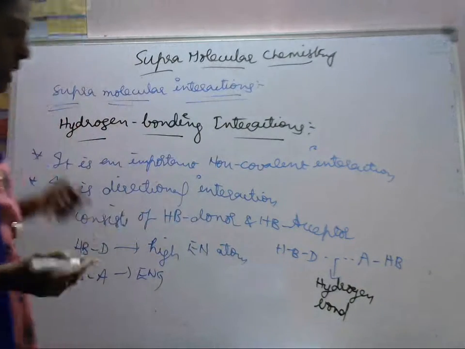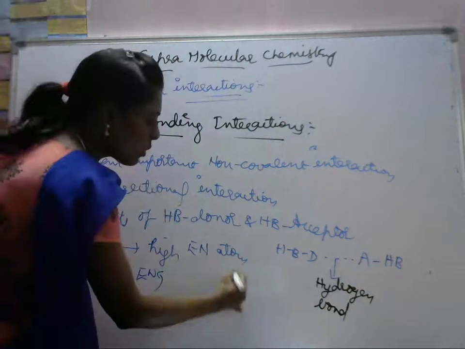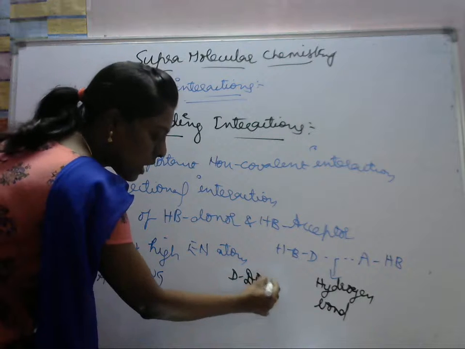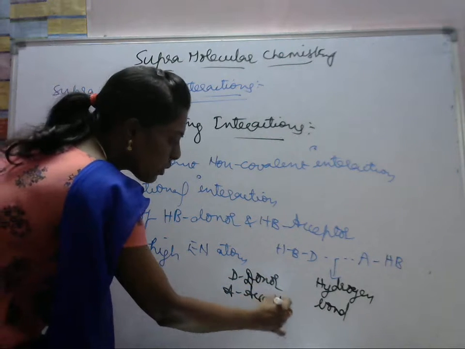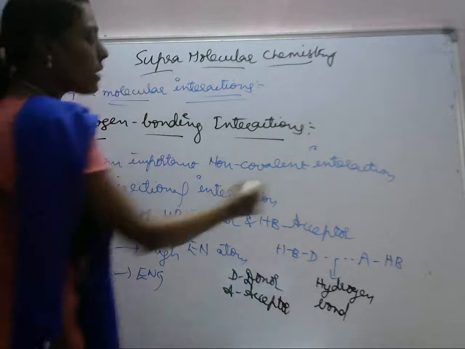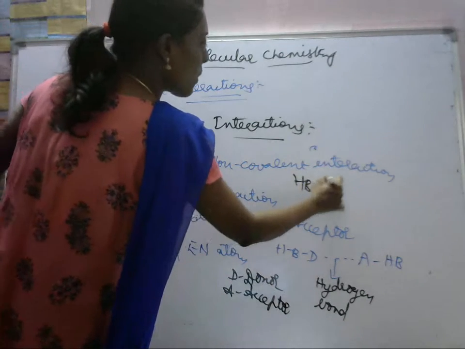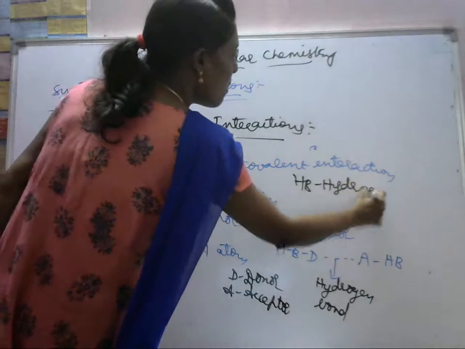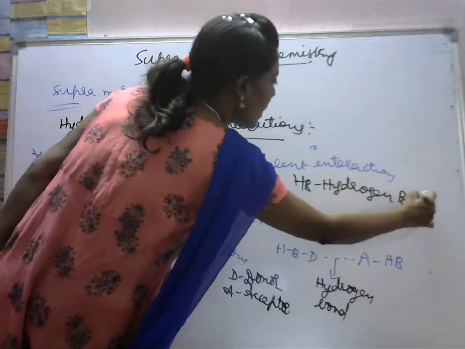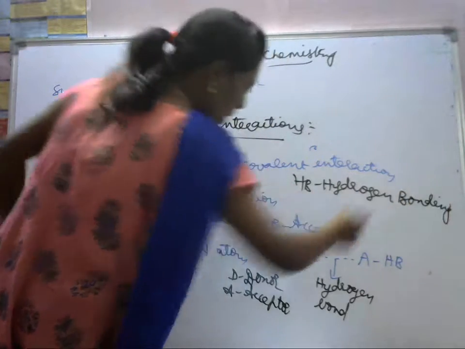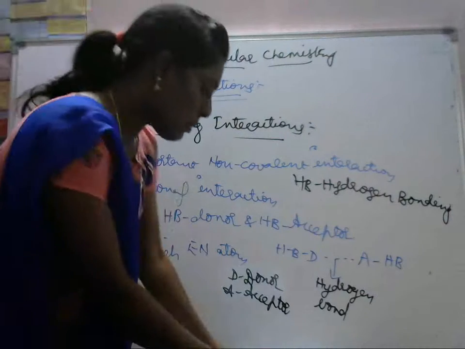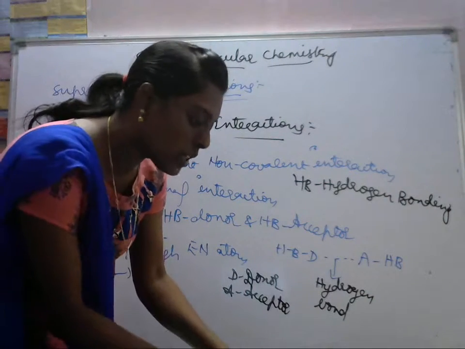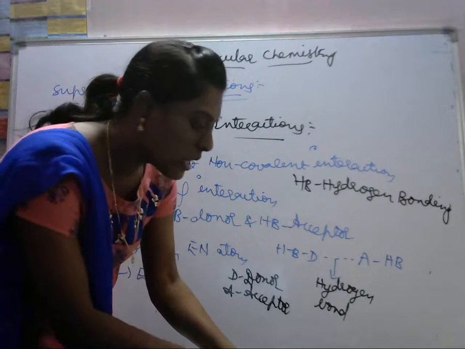Here D is the donor, A is the acceptor, and HB means hydrogen bonding. So this is the basic of hydrogen bonding interactions.